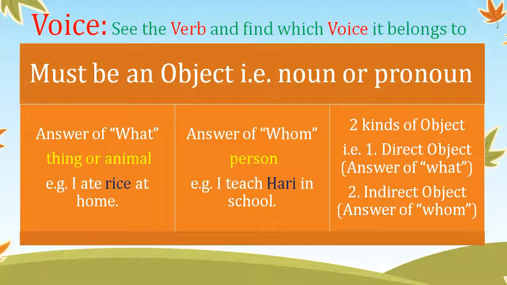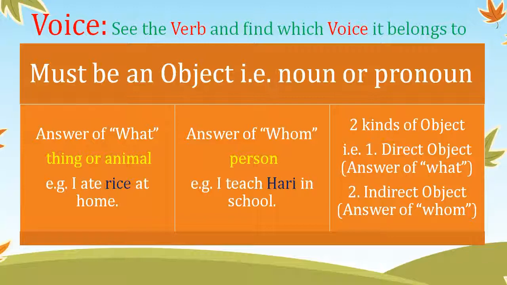When we are going to solve the questions on voice, the first and foremost thing is that you have to look at the verb. From the verb we can understand which voice it belongs to.